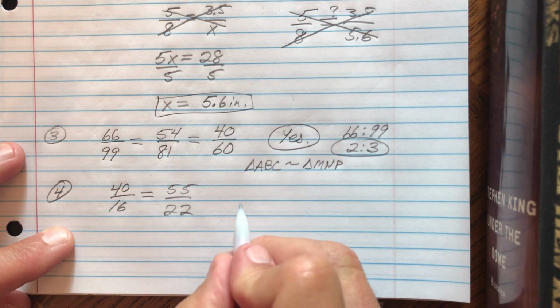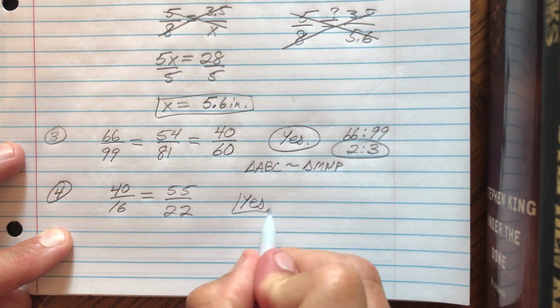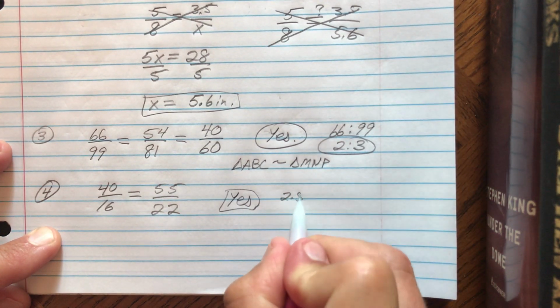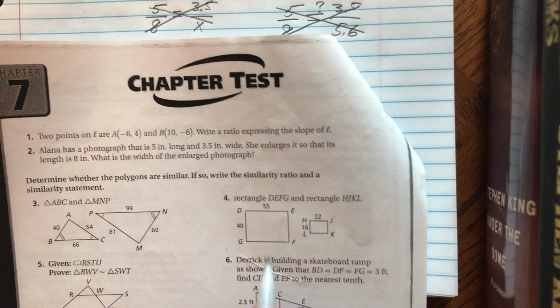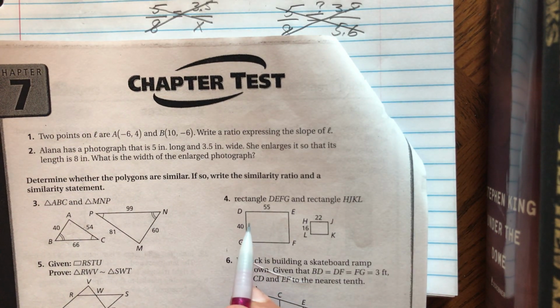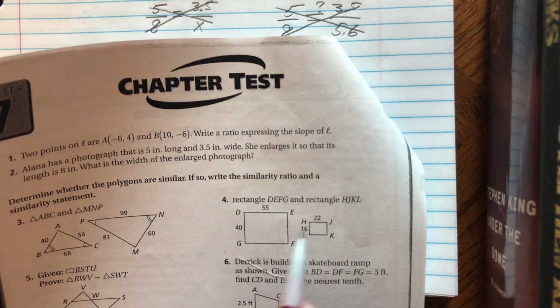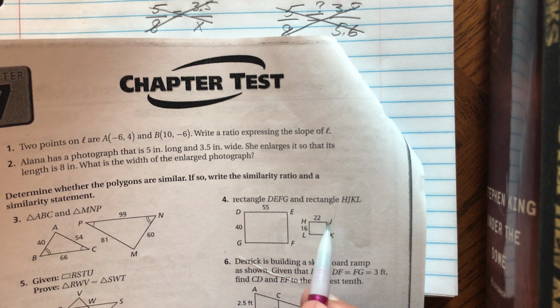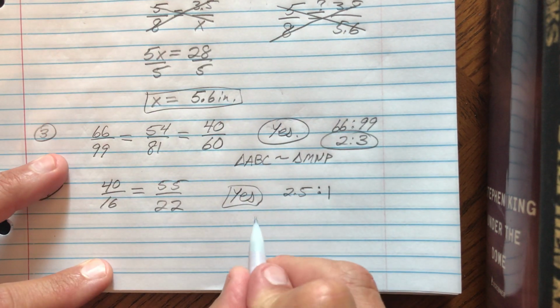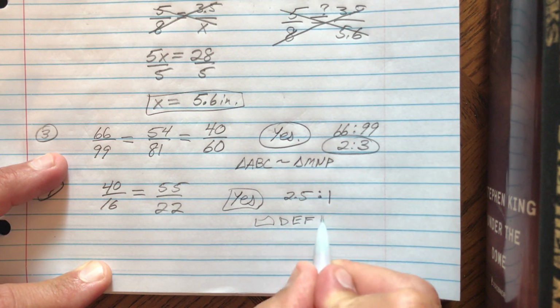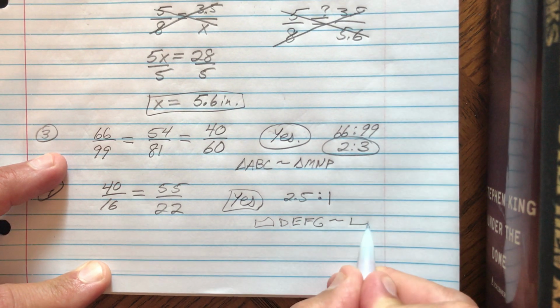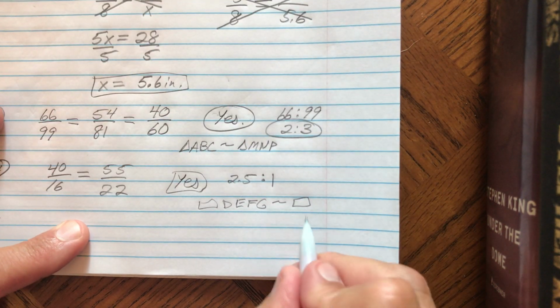So that is also a yes. And basically it's 2.5 to 1, and we went from big to small. So we'll say rectangle DEFG is similar to rectangle HJKL.